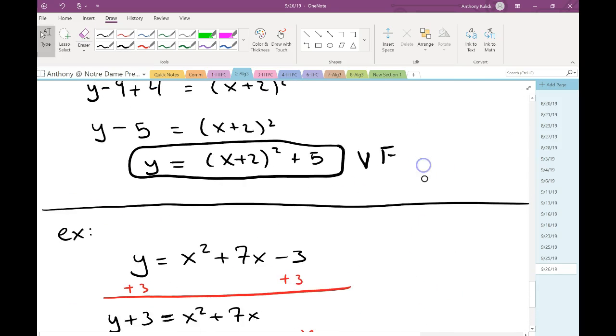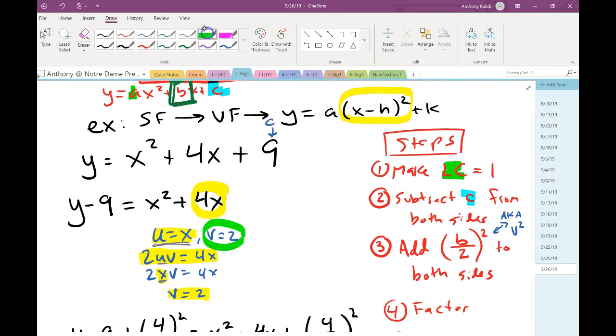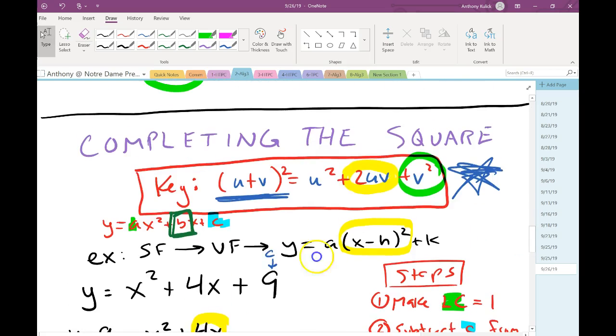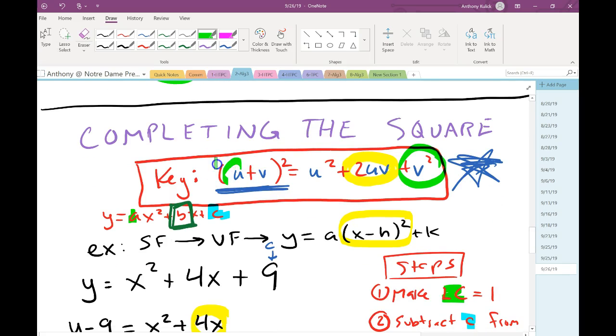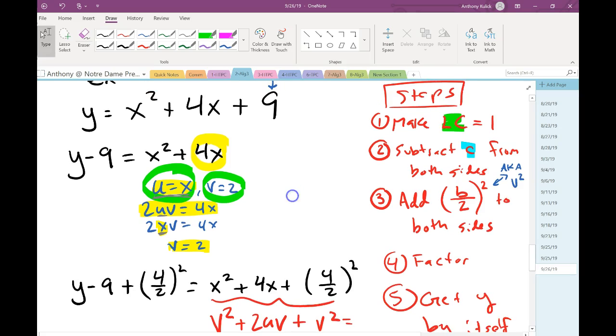So before, when we did this one, we picked the u to be the same as the x. So there's my u, right? That's why I'm getting the x. And then the v that goes here with it, how did we get the v?